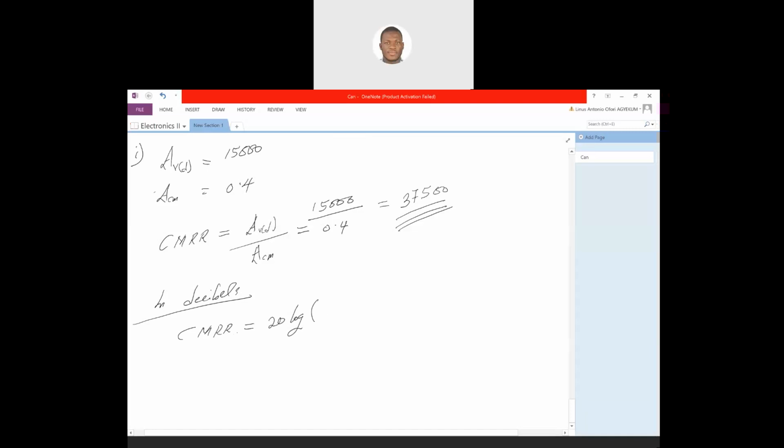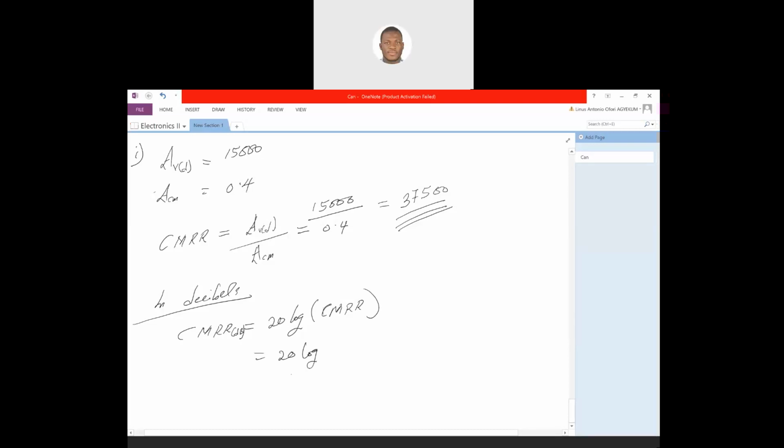Now we have been asked to calculate it in what? In decibels. So if we are going to calculate it in decibels, then CMRR is going to be 20 log of what we got.